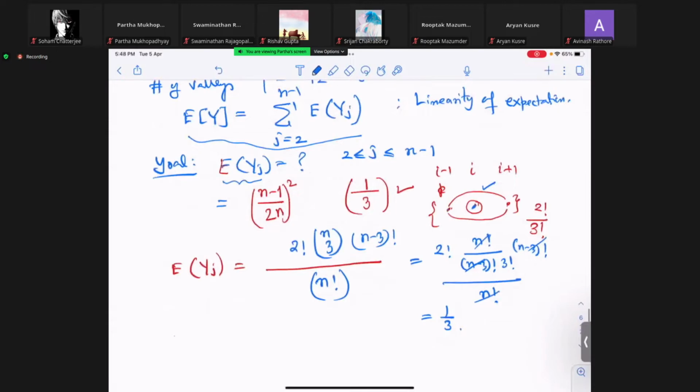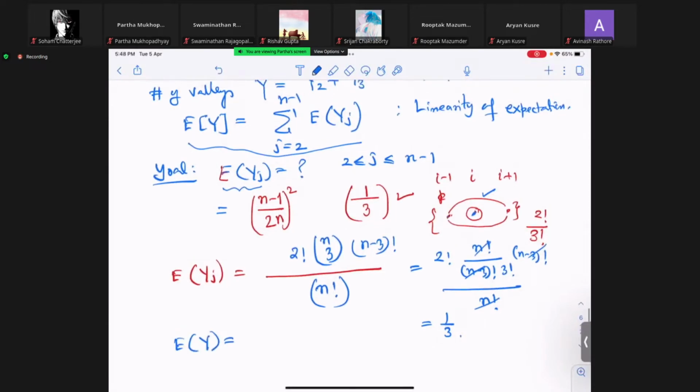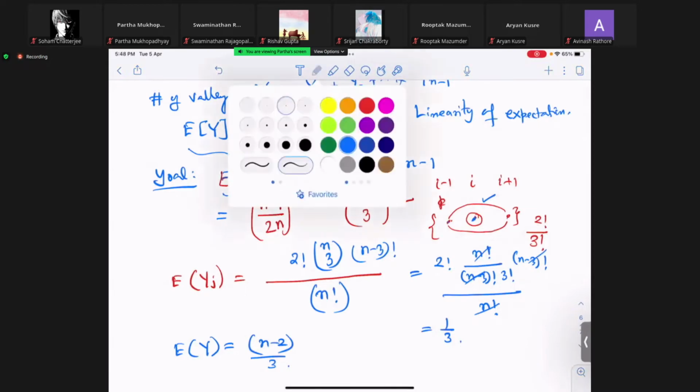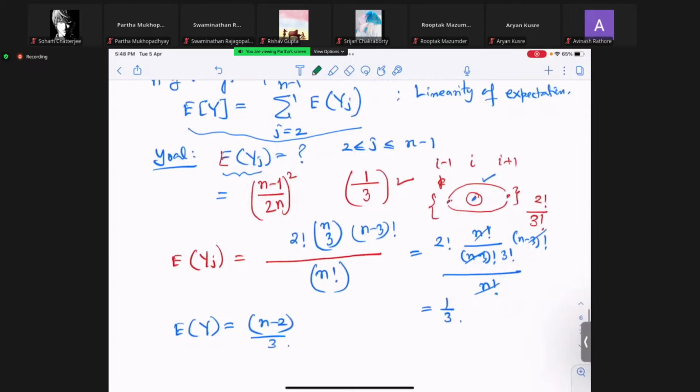So that means E of y is n by 2 times 3. Now, if you go back and think, okay, I will not use the probabilistic method, you can also try to do it without using the probabilistic method, and I just leave it as homework.